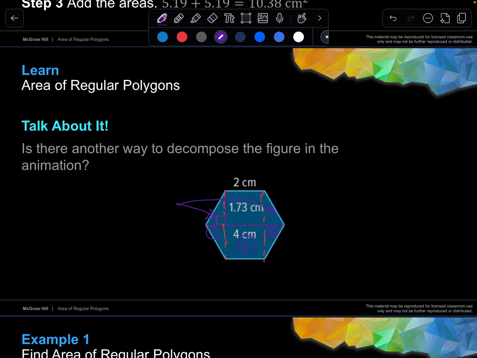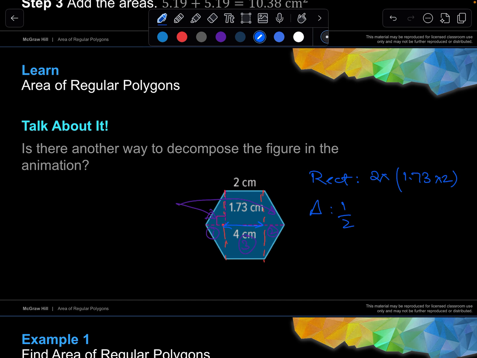And how do you know what the height and the base of the triangles are? Well, for the rectangle, you know that this height is 1.73, so the area of the rectangle is 1.73 times 2. For the area of the triangle, that would be one half times the height times the base. Now we know that this width is 2 centimeters, so the total of the two triangle bases is 2 centimeters.